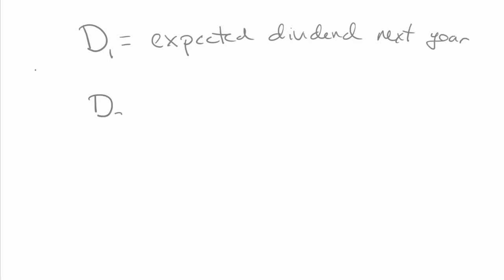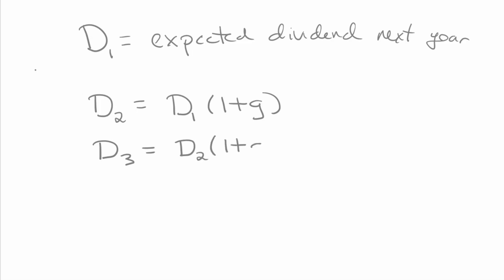D2, we're just going to assume that D2 is equal to D1 times 1 plus g, g for growth rate. Well, nothing too complicated there, but the important thing is that D3 is also D2 times the growth rate, and D4 is D3 times the growth rate, and so on and so forth.